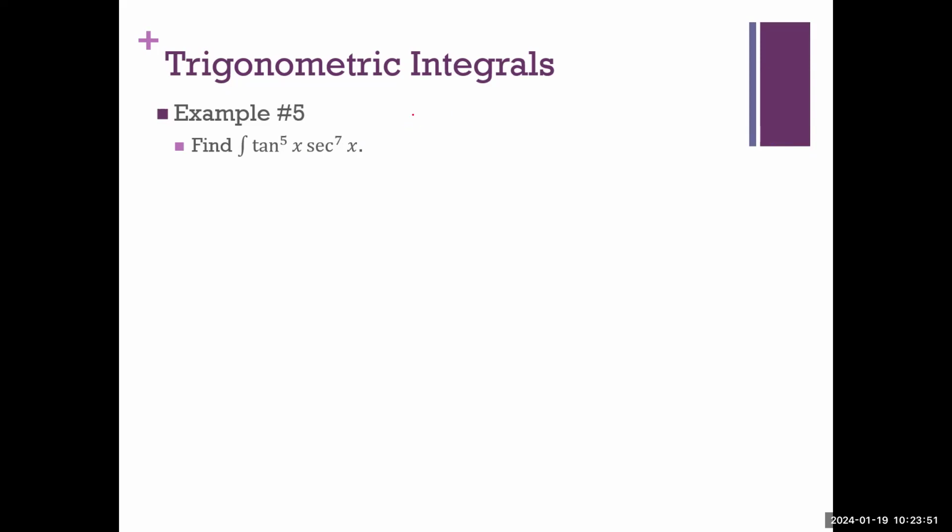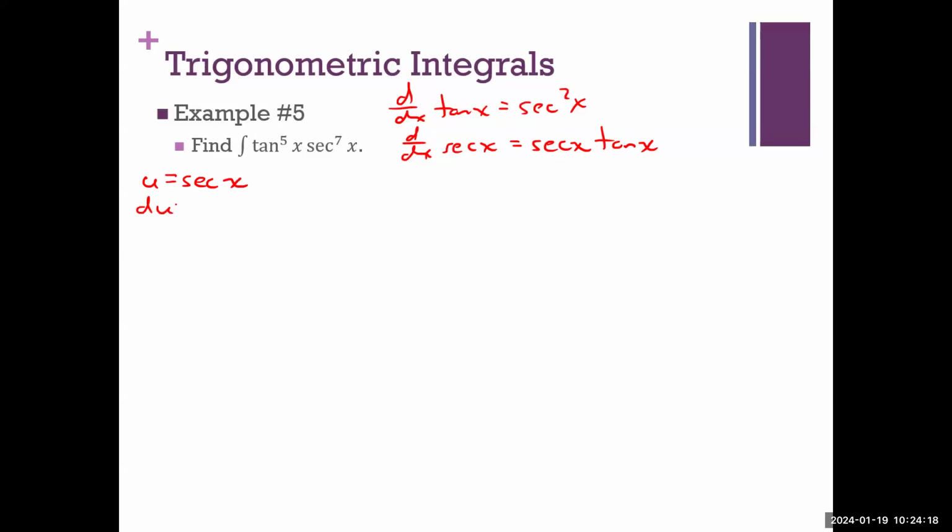So again, we're looking at these same relationships. Basically, what's the derivative of tangent x? And what's the derivative of secant x? So which way do we want to go this time? So u equals secant x, which means du is secant x tangent x.